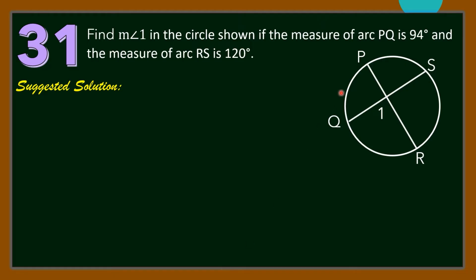Since we are given the measure of arc PQ and the measure of arc RS, let us first name the angle adjacent to angle 1 as angle 2. Hence, we can solve for the measure of angle 2 equal to 1/2 the sum of the measures of arc PQ and arc RS.